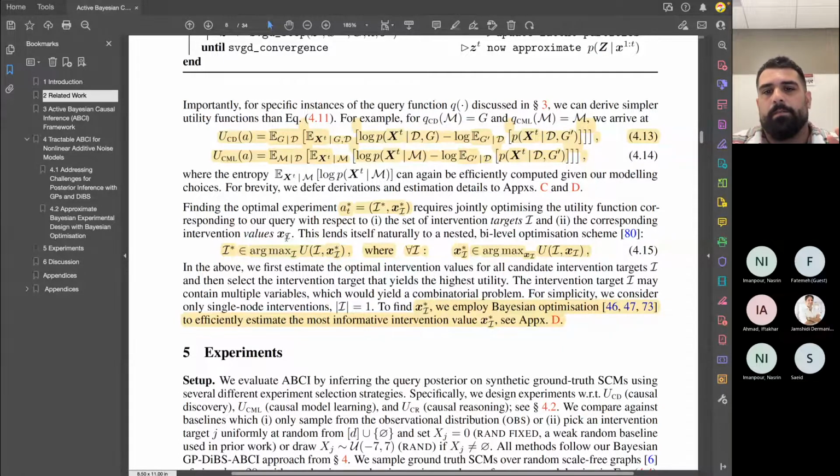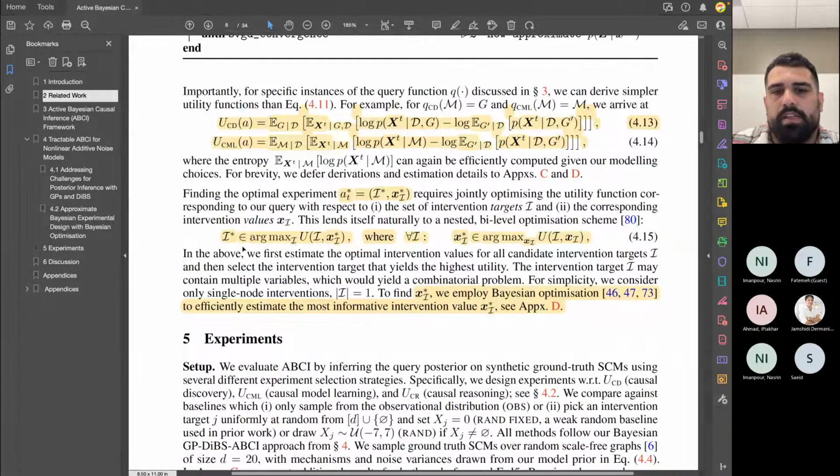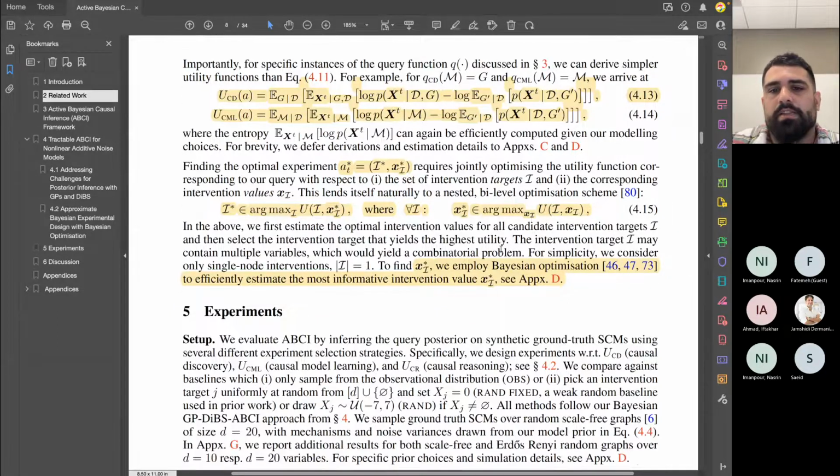So what nodes they want to perform intervention on, and also what values they want to perform intervention with. So here I star is also an optimization problem, a bilevel optimization problem, trying to optimize what nodes to perform intervention on and also what values to perform intervention with.